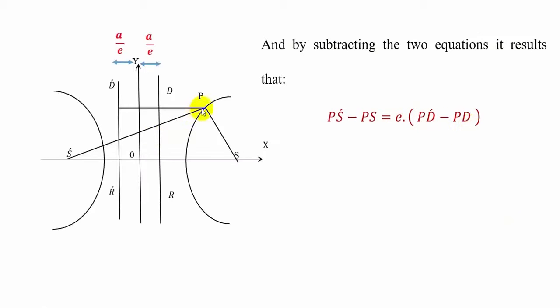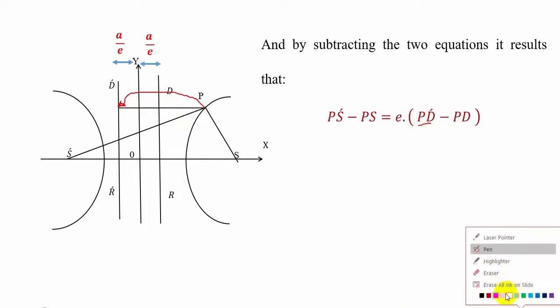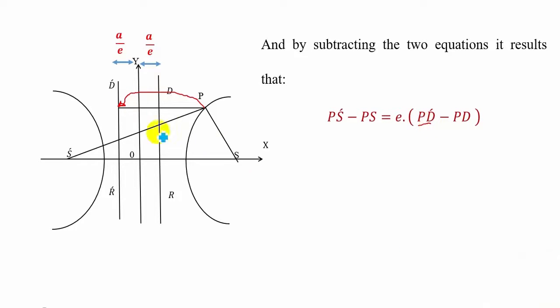That means this is the distance over there, what is called BD dash, and the other one is the other distance BD.